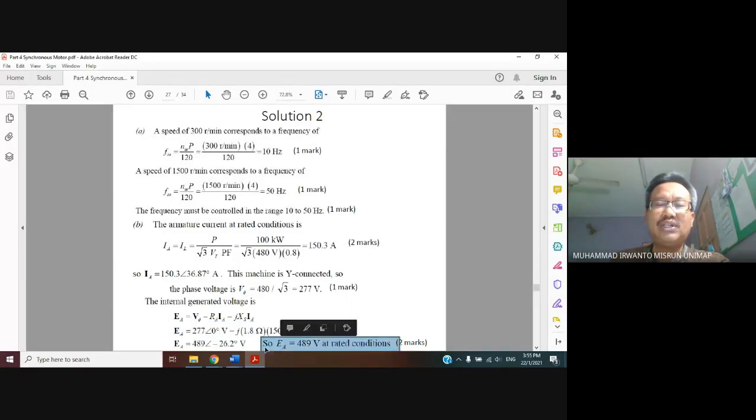Lastly we obtain the internal generated voltage equal to 489 angle minus 26.2 degrees volts. This voltage is the rated voltage condition.